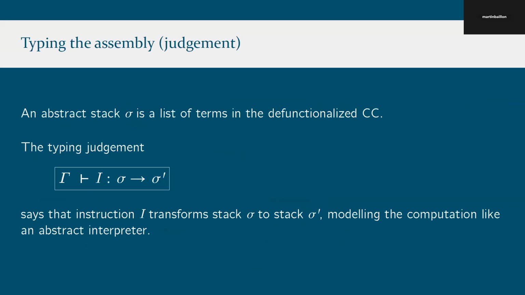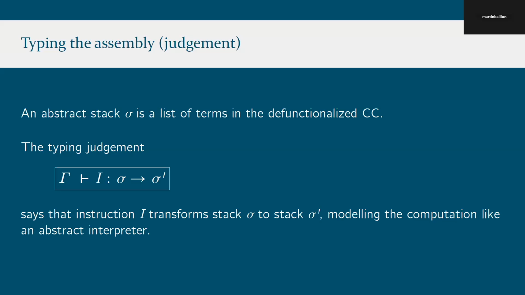But anyways, now with the term calculus and assembly language done, we can actually try to type the assembly code with the term calculus, whose judgment looks like this. First of all, an abstract stack sigma is nothing but a list of terms in the term calculus.